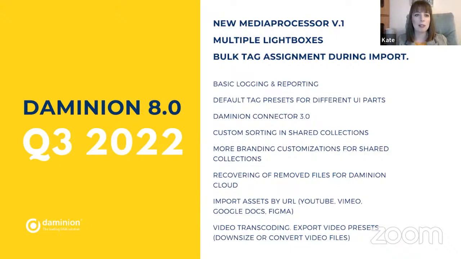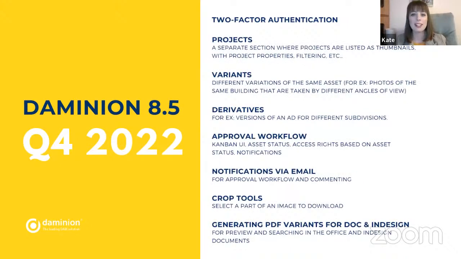And also we have prepared a list of features that we are selecting for Daminion 8.5. I'm not sure that every feature will be in this release. However, you can see that we are going to have a project session, which is going to be a separate area in Daminion, and it will allow you to work with all media files related to a specific project, like in a separate working area.